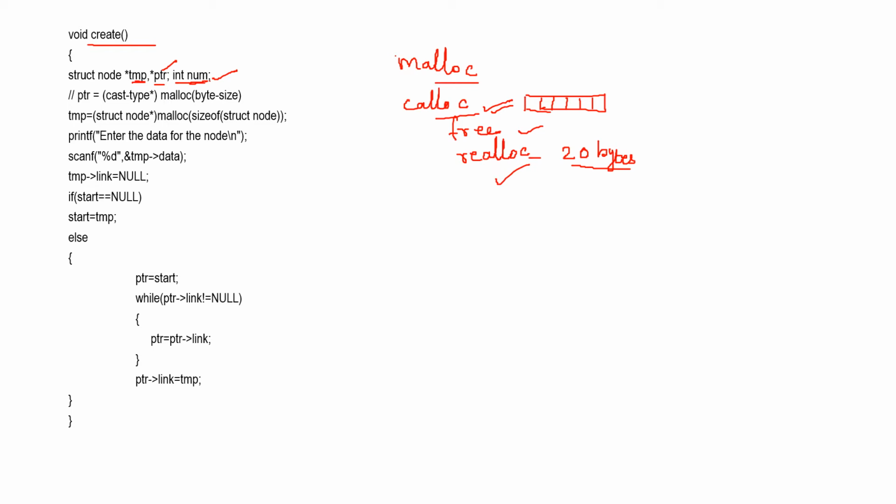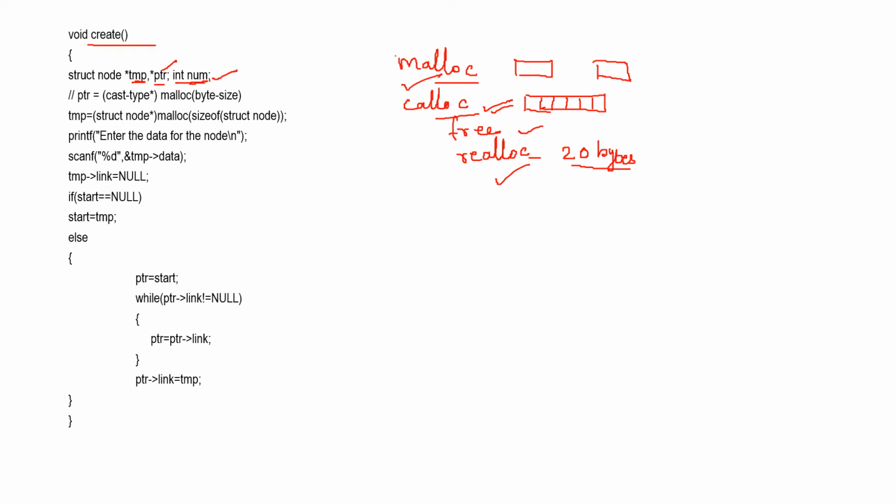Then what about malloc? Malloc is for allocating a large block of memory. You can allocate it by using malloc, but it will not be stored in consecutive memory locations. For example, if you wish to allocate 5 bytes of memory, those 5 bytes will be allocated, and if you wish to create another 5 bytes, you have to create it again, but it will not be stored in consecutive memory locations.